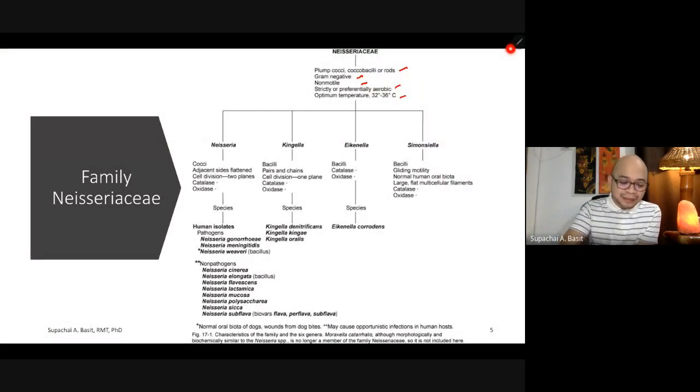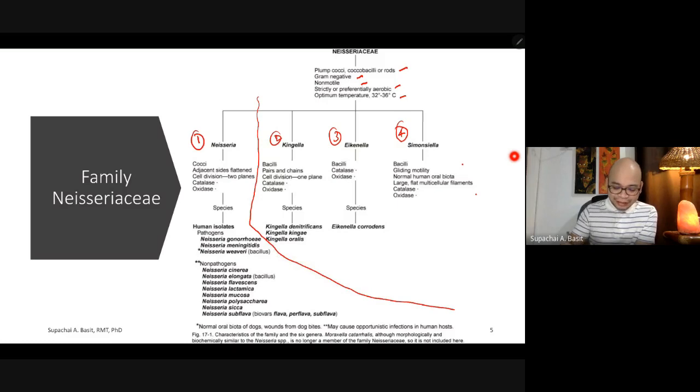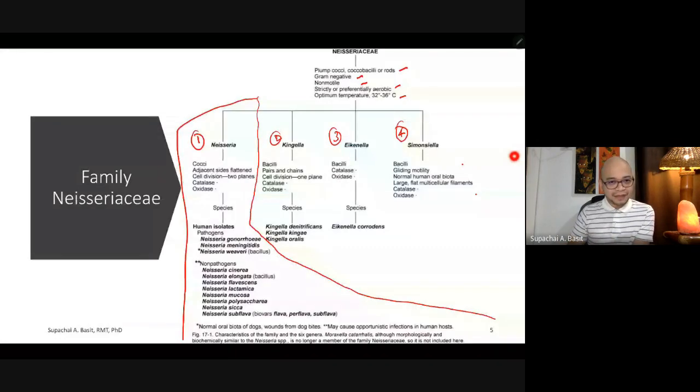The major family would include Neisseria, Kingella, Eikenella, and Simonsiella. Among this family, we will concentrate our discussion tonight on Neisseria, particularly the human isolates, Neisseria gonorrhoeae and Neisseria meningitidis.